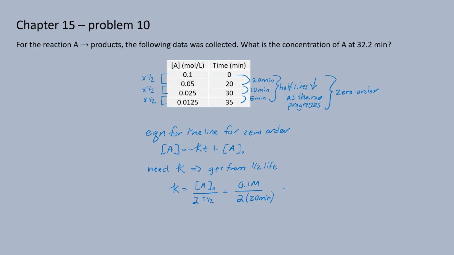So our constant ends up being 0.0025. Okay, now I have everything I need for the equation of the line.